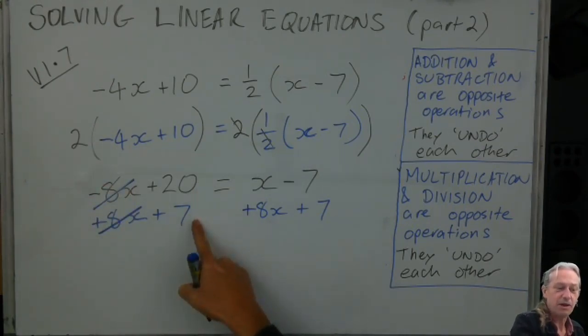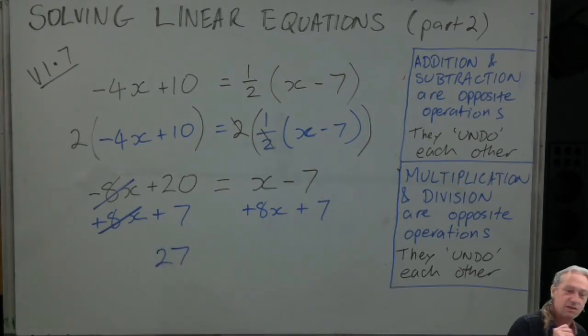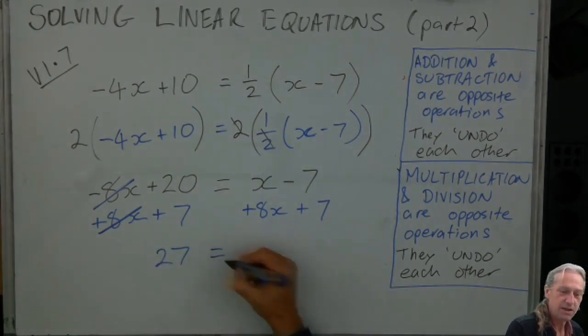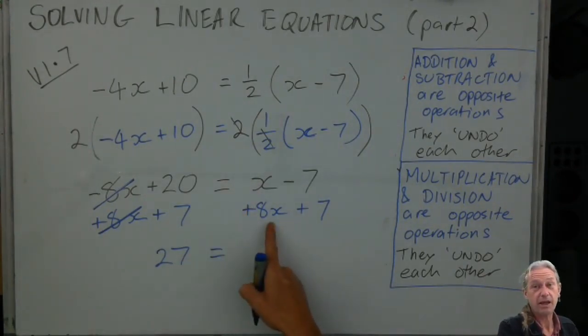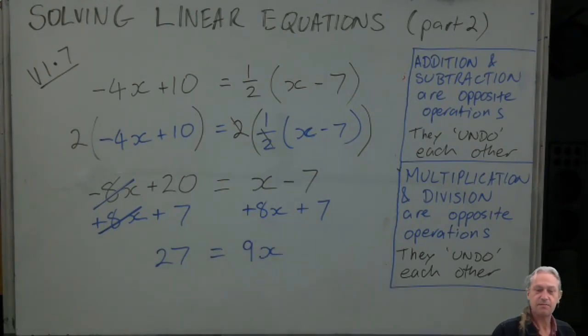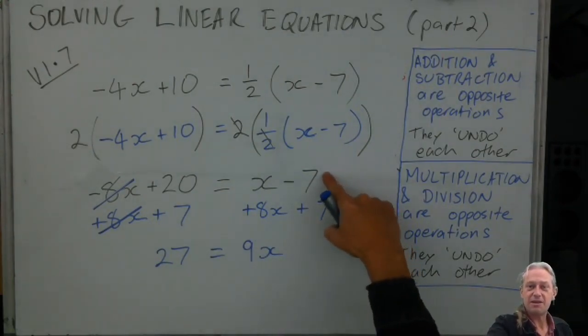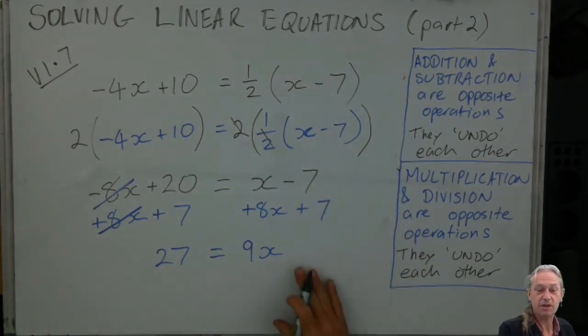And then this, we got 20 plus 7, which is 27, and this equals 1 lot of x plus 8 lots of x is 9 lots of x, and negative 7 plus 7, it's like adding 0, so that cancels out.